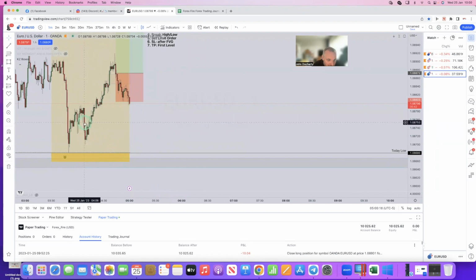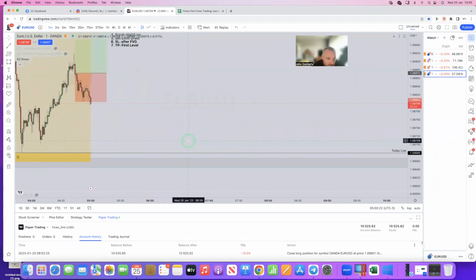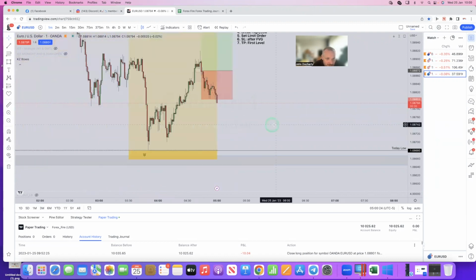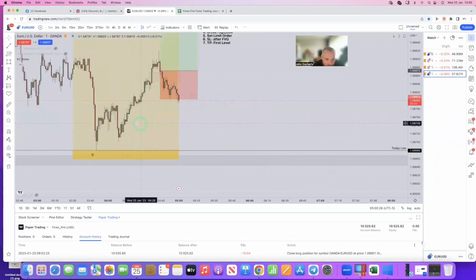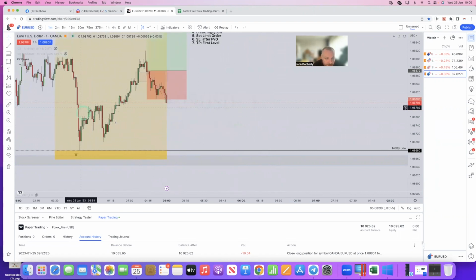I put the fair value gap here and tried to trade it back down. It went up. From there, the real trade has not come to fruition just yet, simply because we've got no fair value gaps here to trade it back to the upside. The price efficiency's been pretty fluid throughout. It's just one of them days. It is what it is.